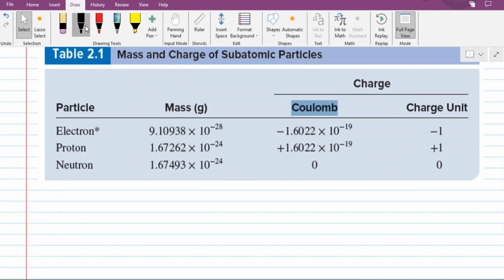Very easy, and you remember what isotopes are. Isotopes are the atoms of the same element. These are what?